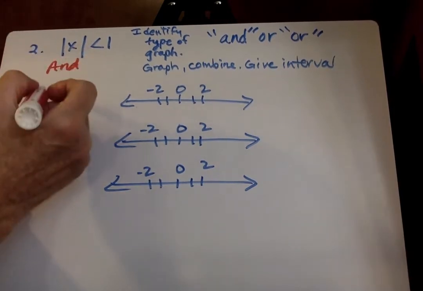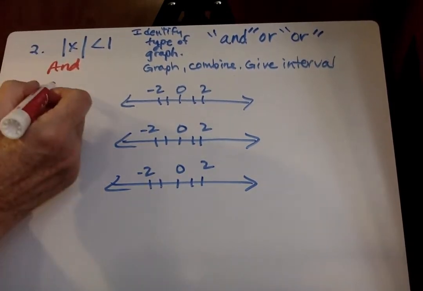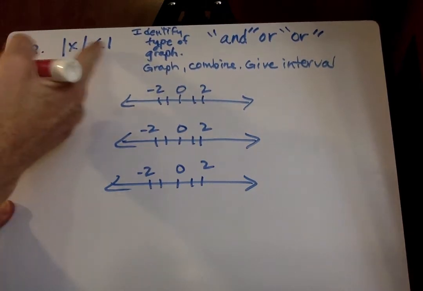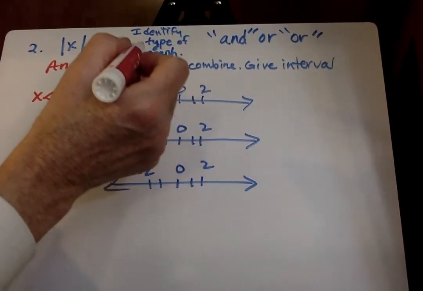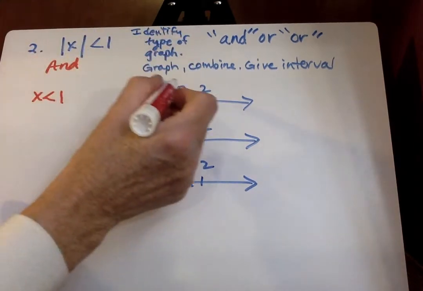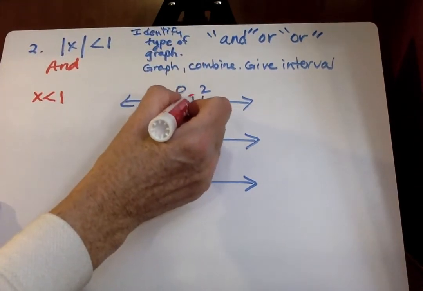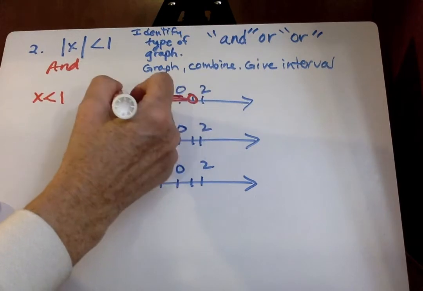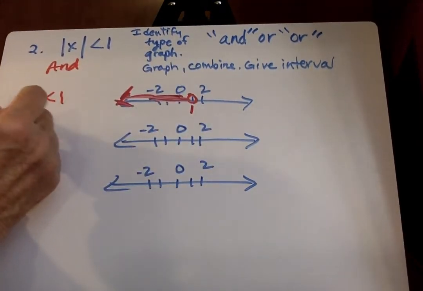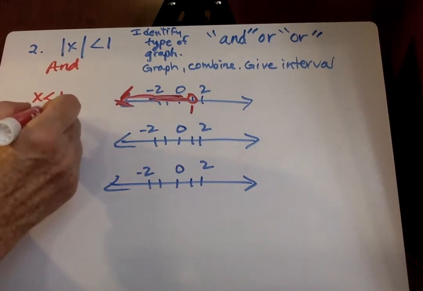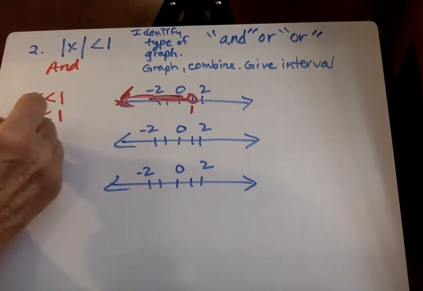Again, you take it out till it looks exactly like the inequality, but without absolute value. So if it's less than 1, I'm going to put an open dot at 1, shaded to the left. And what I might want to do is put a 1 there. Now I say they can also be negative x is less than 1, but I divide by negative 1.